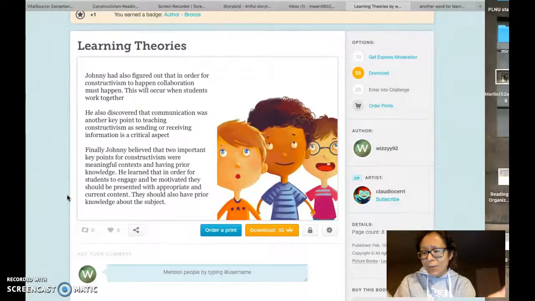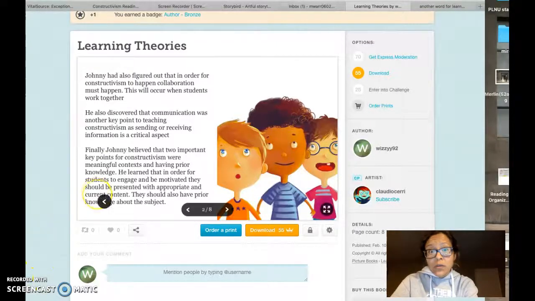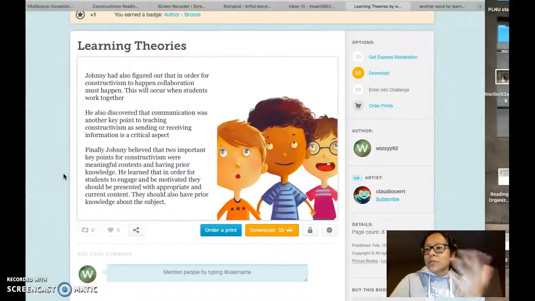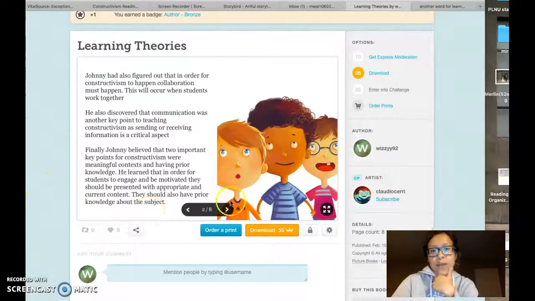You're not going to ask them to give you a book report, because it's not current to their age and to the content. Students should also have prior knowledge. Related to the example, you're not going to ask the first grader to write a book report, because they don't have prior knowledge of what a book report is, and they're also too young to be asked to do that. So that goes hand in hand.